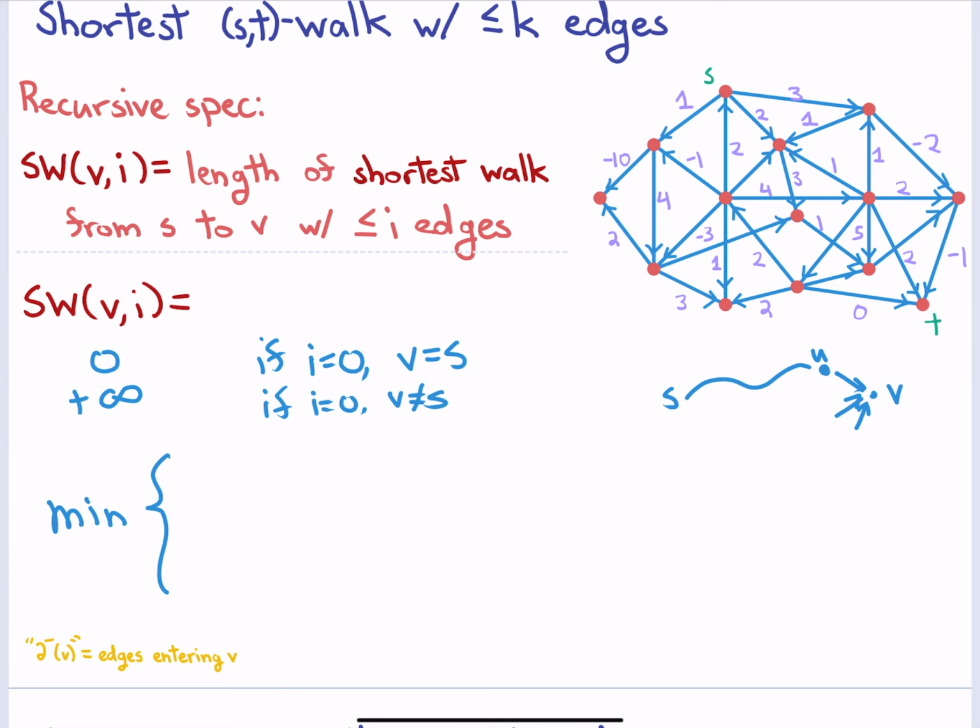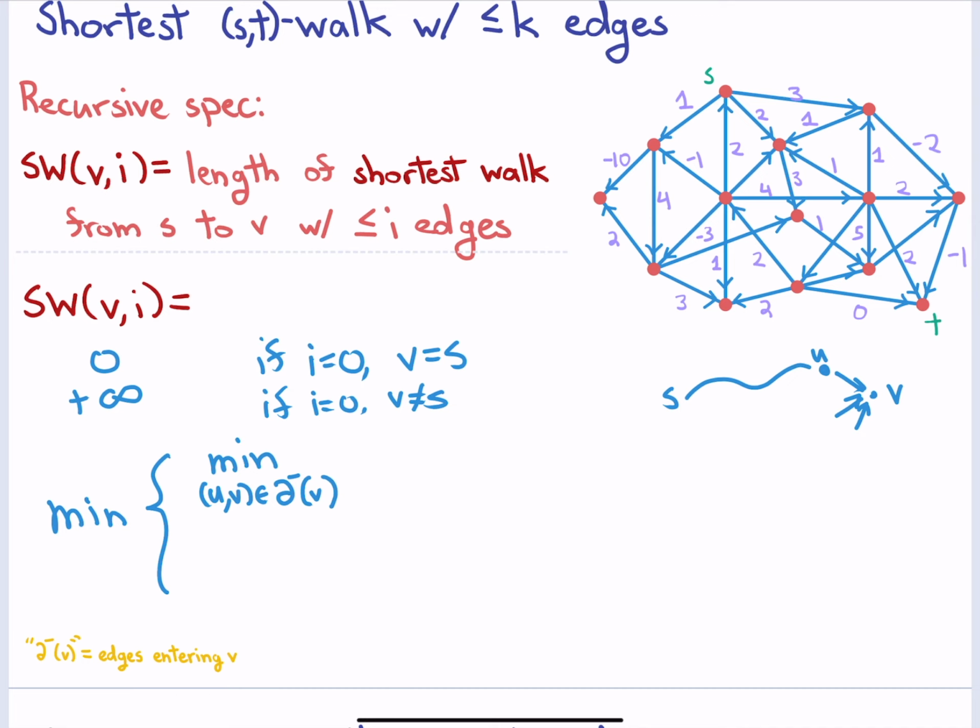Okay, so we can write the minimum over, and I'm going to introduce some new notation. So sometimes people use this kind of partial as a fancy notation for all the edges going into v. This sort of calculus-looking thing.